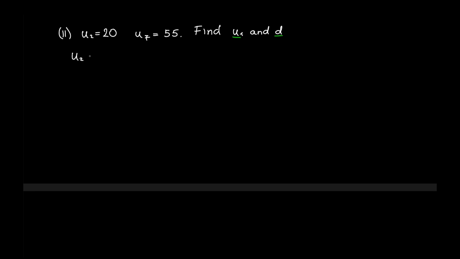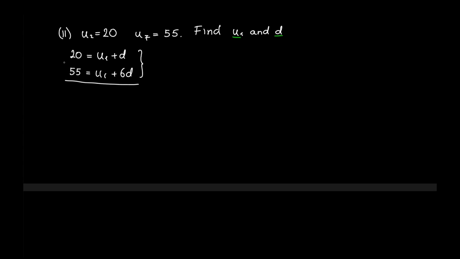This would look like the following. u2 equals u1 plus 1 difference, and u7 is equal to u1 plus 6 differences. And then instead of u2 and u7, all I can do is plug in the values that were given to me. So here I have a system of equations which we can solve.